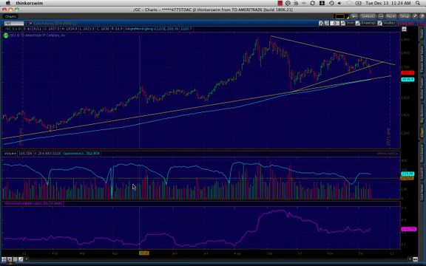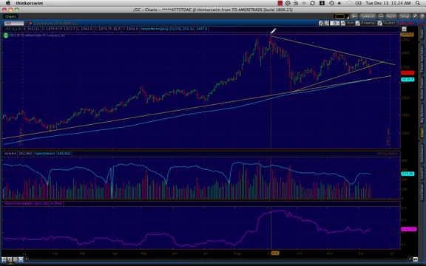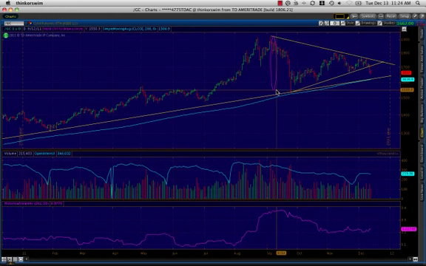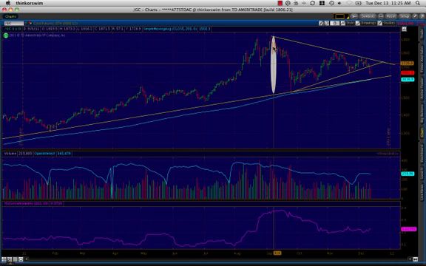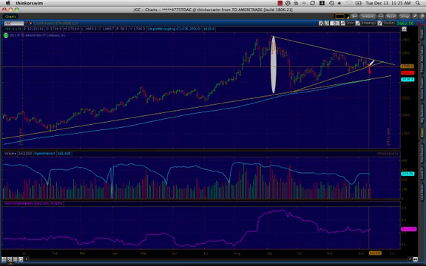Now let's take a look at what this symmetrical triangle means, now that we know all that. First of all, the high of the triangle is about 1925, and the low is approximately 1525, so the height of this triangle is 400 points, give or take. The point where we saw the breakout was right around 1720.